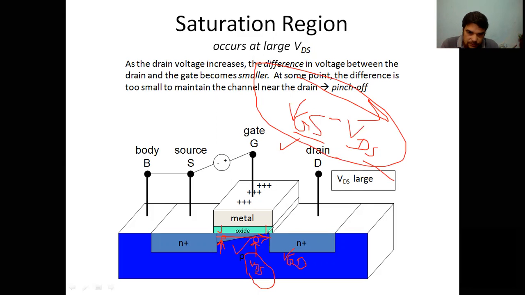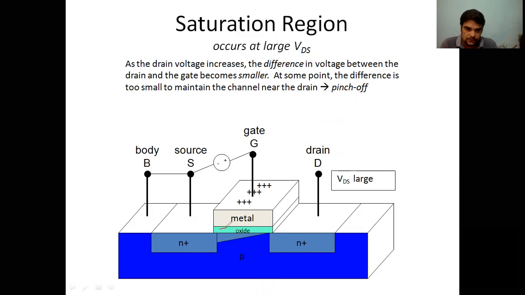This effective voltage is larger here, so the width of the channel will be higher here, and if I go along the channel, the effective width is continuously reducing. Now the resistance of the channel is no longer constant.